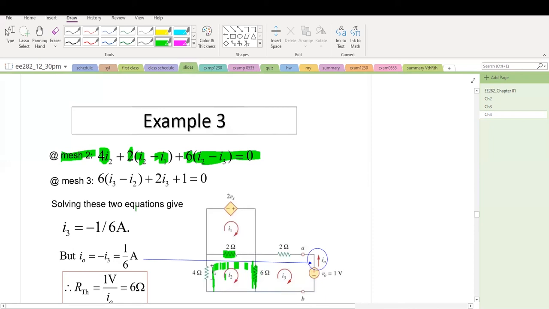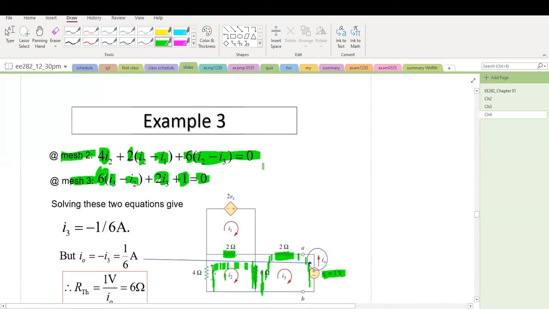That's one equation. Let's look at mesh 3. Mesh 3, we start from here, that will be 6 multiplied by I3 minus I2, and then 2 I3, then plus 1. This is the voltage here, that equals 0.